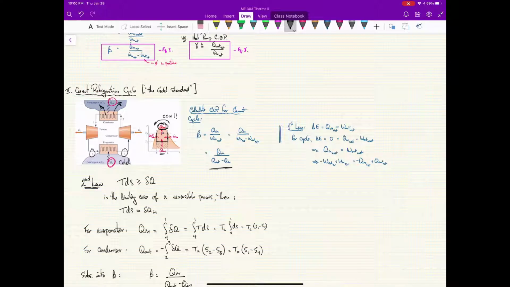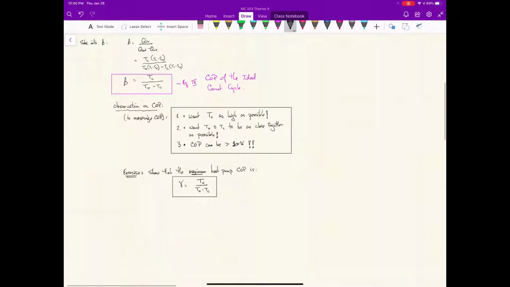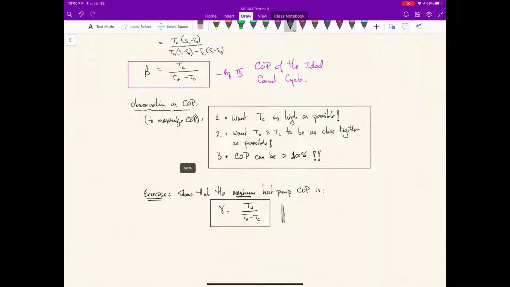That would be the cold atmosphere, cold over here, and dumping it into the house, which would be over here. So that's how a heat pump works, and the maximum efficiency that you can get out of that, or not efficiency, but coefficient of performance that you can get out of that, is given by this gamma value over here. All right, so you have all the tools here that you need to do this.